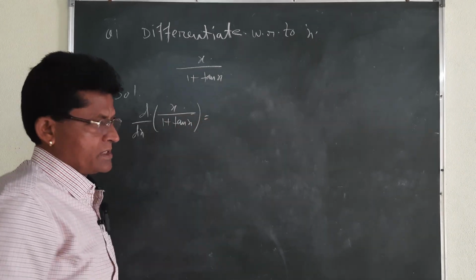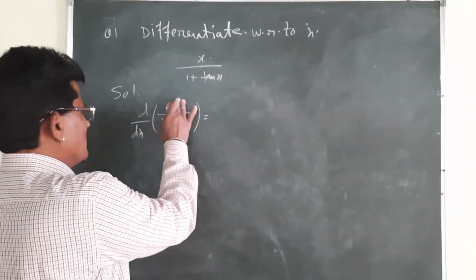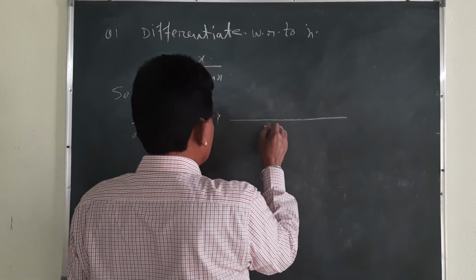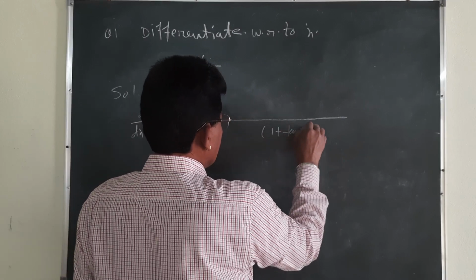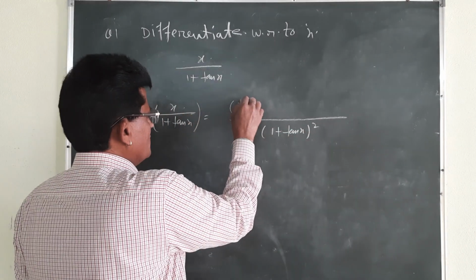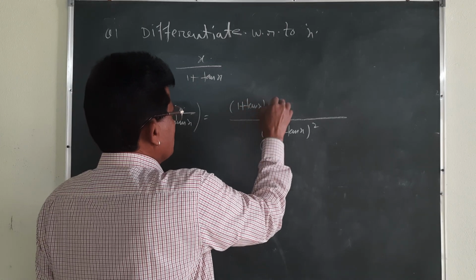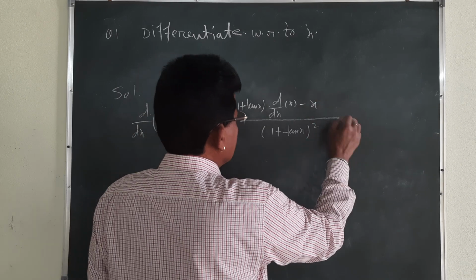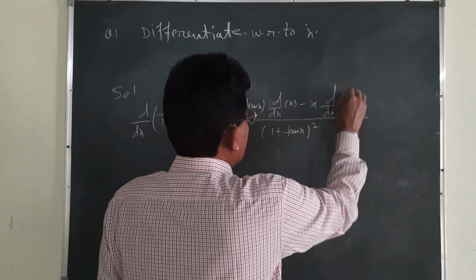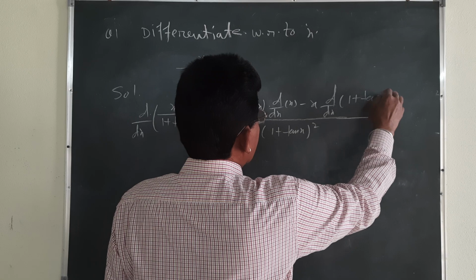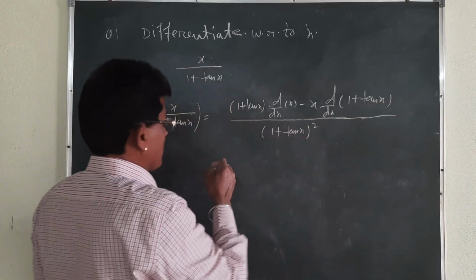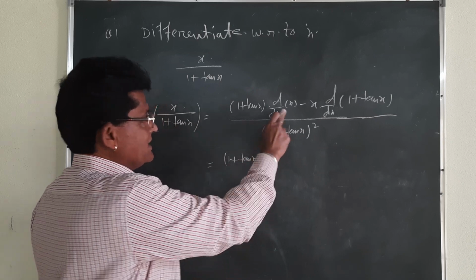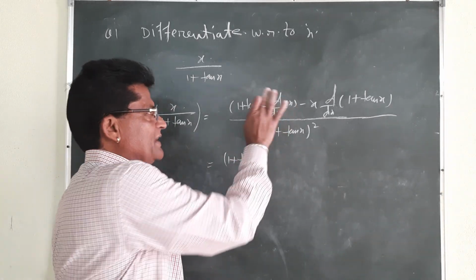Very simple. The quotient form is, this is the numerator, this is the denominator, and first of all you get the square of the denominator, 1 plus tan x whole square. Denominator you write as it is times derivative of the numerator, minus numerator you write as it is times derivative of the denominator, 1 plus tan x. My dear student, just before I told you the derivative of x is 1.